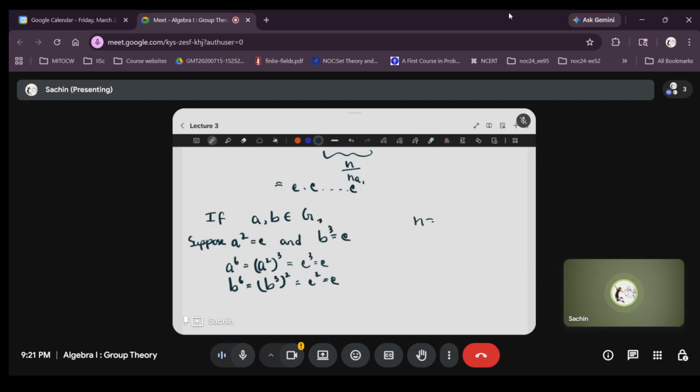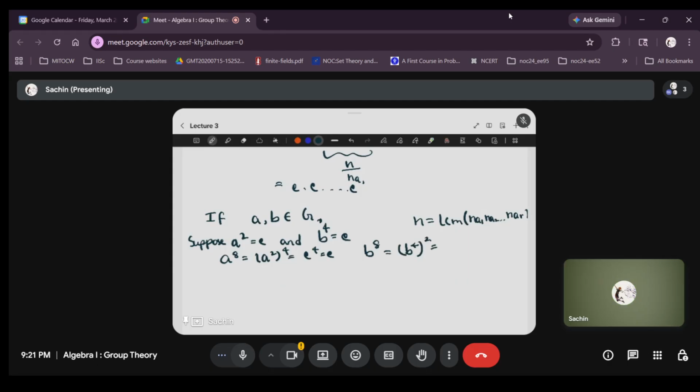This could also have been the LCM of n_a1, n_a2, etc. It didn't have to be the product. So suppose this was 2 and 4 instead of 2 and 3. So a power 8 is a square power 4, which is e power 4, which is e, and b power 8 is b power 4 squared, which is e squared, which is e.